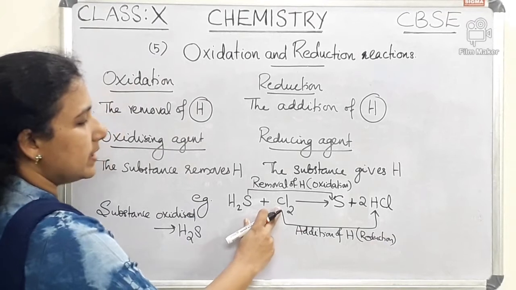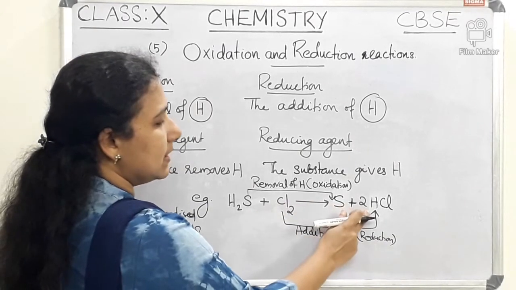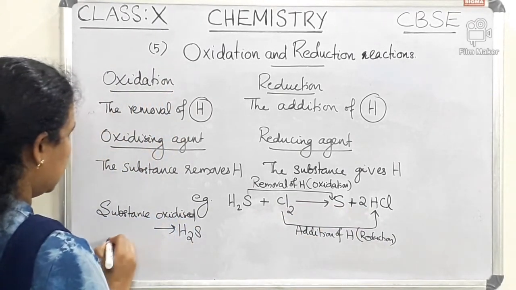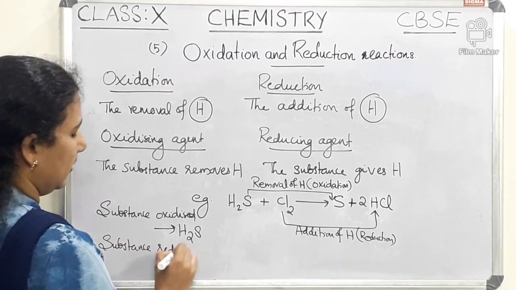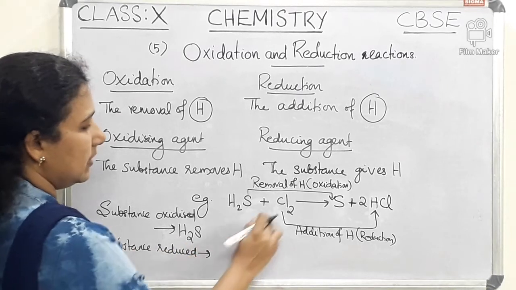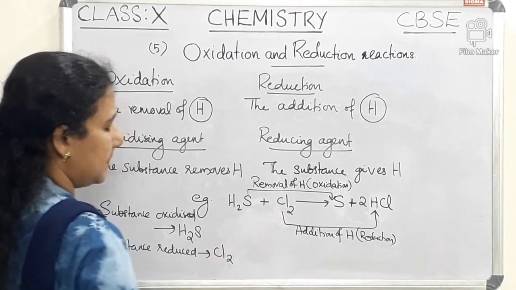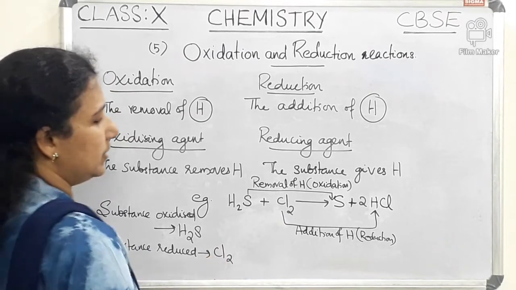So we can say Cl2 is reduced to HCl. The substance reduced is Cl2.